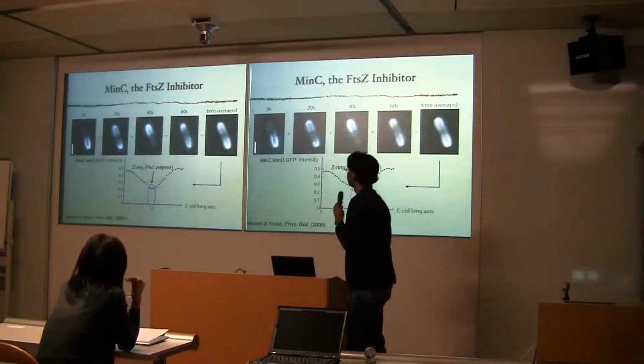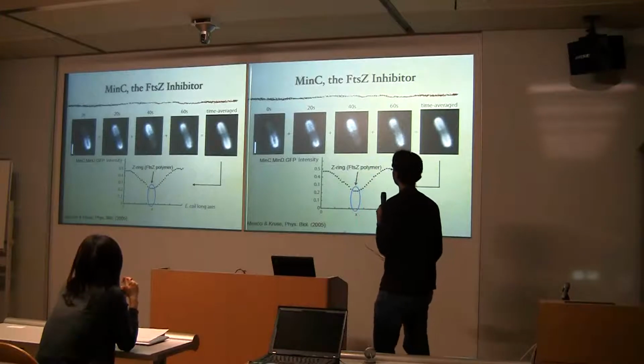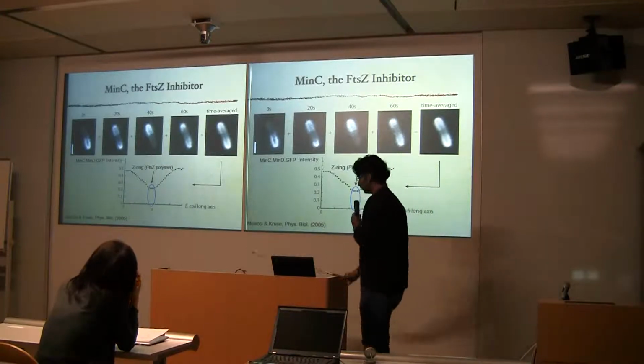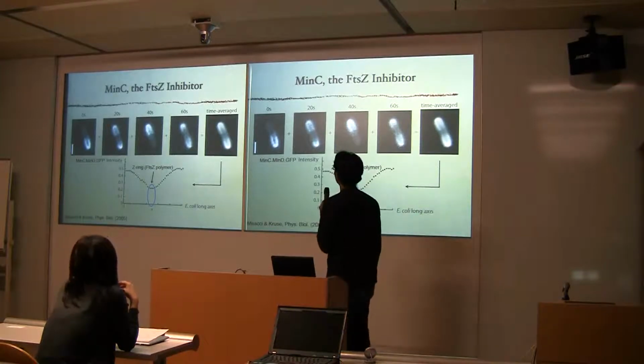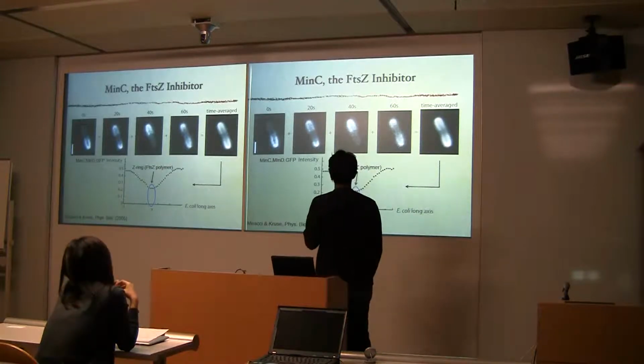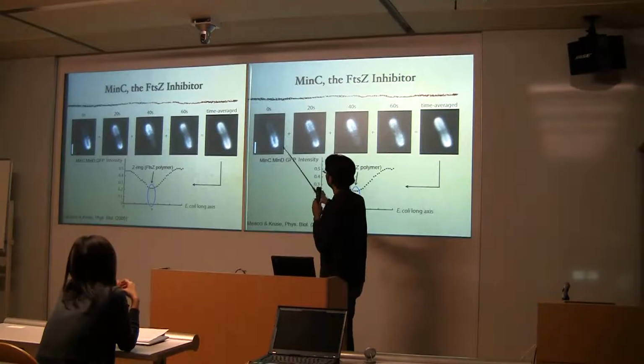So how is FtsZ made sure to be formed right in the middle of the cell? There is a system called the Min system that controls the formation of the FtsZ polymerization. Over here you can see at t equals 0, this MinC and MinD GFP complex are localized at one pole of the cell.